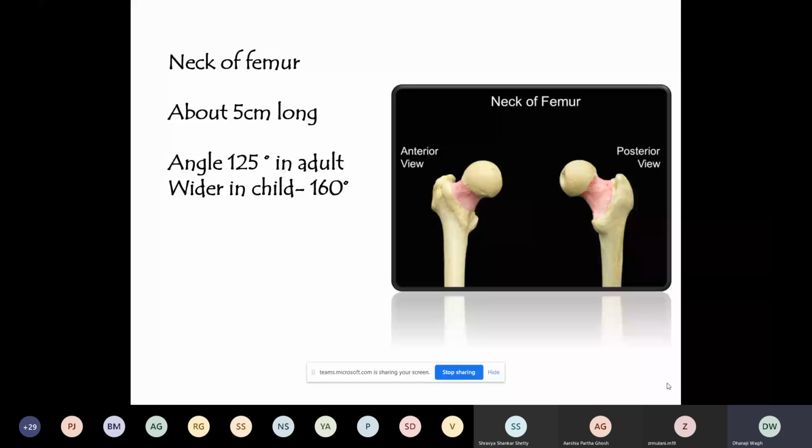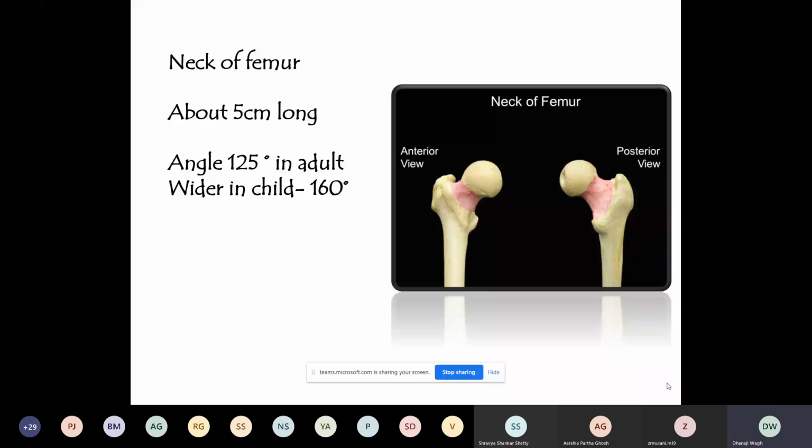It is strengthened by a thickening of the bone called the calcar femorale, present along its concavity. Then this neck, you can see in the diagram, has an upper border and a lower border, and it has two surfaces, anterior surface and posterior surface.